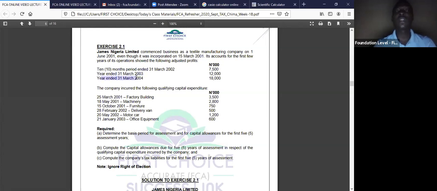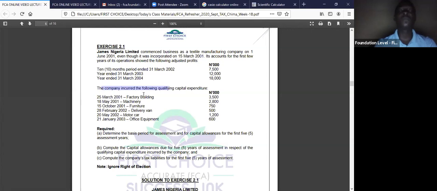Now we are talking about the commencement. Now look at the capital allowances, the qualifying capital expenditure. Now, it is only on qualifying capital expenditure that you can claim capital allowance. Now, what are some of these things that are qualifying capital expenditure?